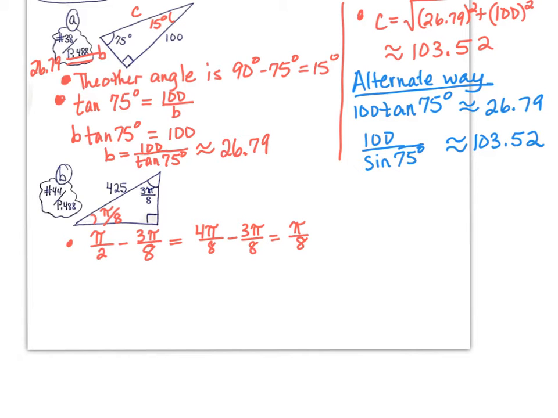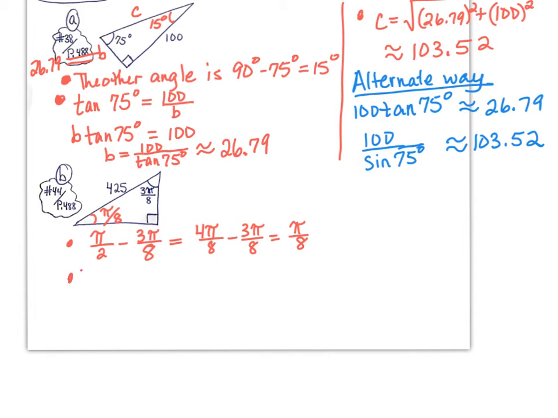And now, to find the others, what did you get for the adjacent leg? Very good, 162.64.